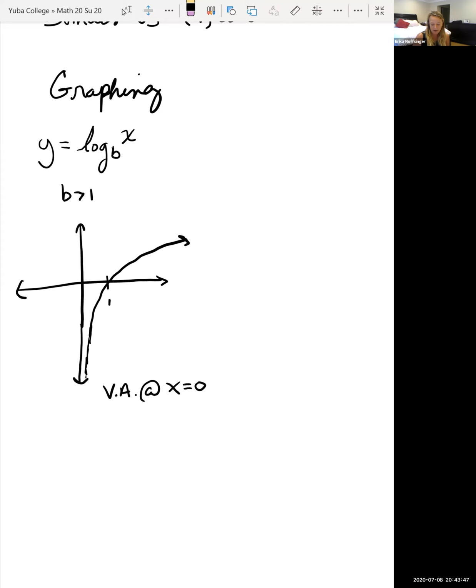Our domain, which we had already stated above because we knew the domain and range of our exponential and that this was its inverse function, has to be bigger than 0. And our range is all y values from negative infinity to infinity.